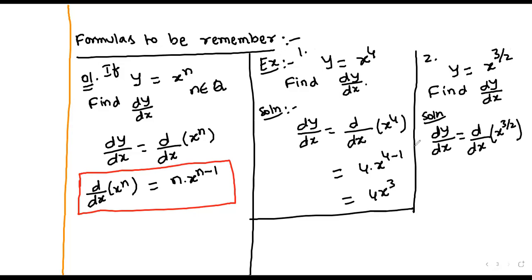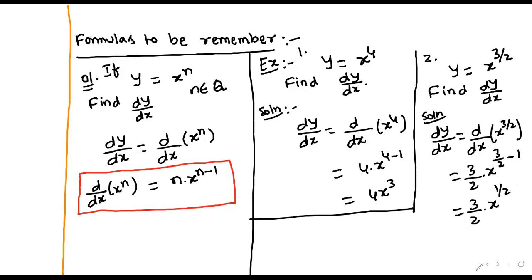Instead of n, we have 3 by 2, right? So that means 3 by 2 times x power 3 by 2 minus 1. 3 by 2 minus 1, take LCM, I can write 1 by 2, x power 1 by 2, right?